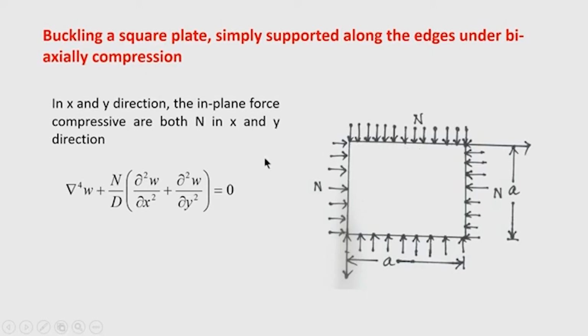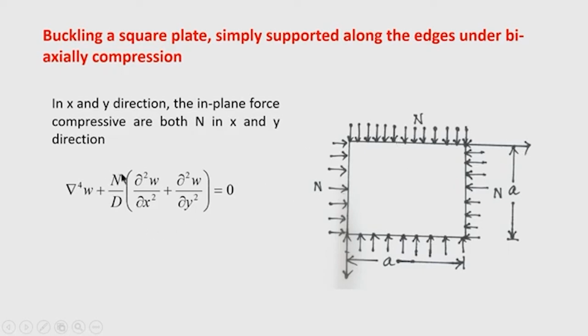So, the differential equation for buckling is now del 4 W plus N by D bracket del square W by del x square plus del square W by del y square equal to 0, because Nx and Ny are equal here.